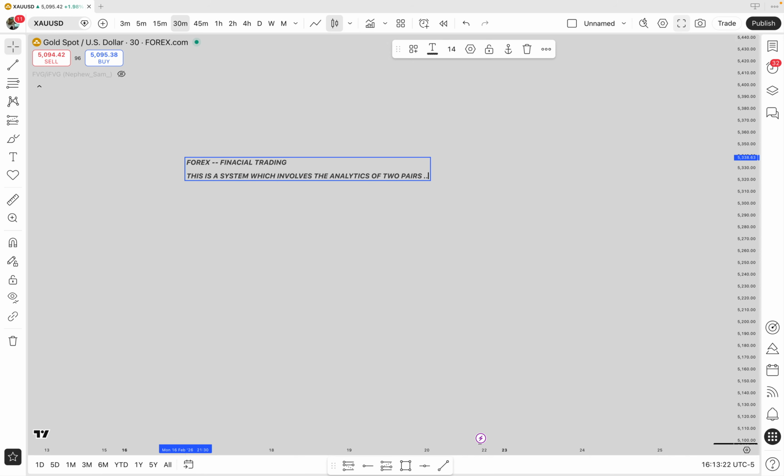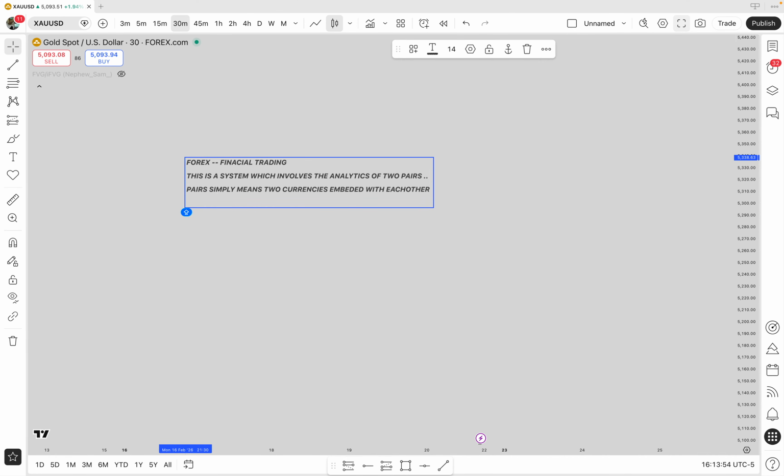Now, another term used here can be seen as pairs. What do we understand by pairs? Pairs simply means two currencies embedded with each other, right? So what do we mean?